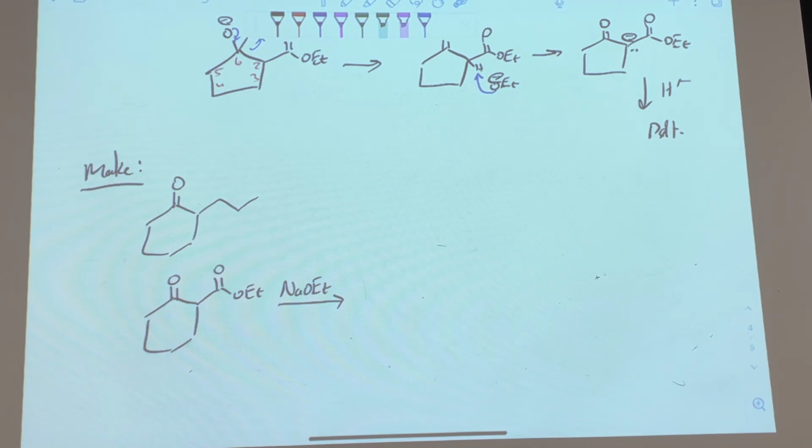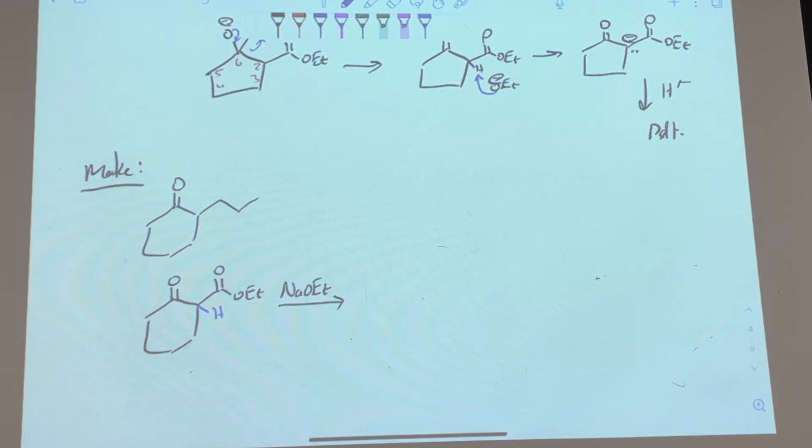What do bases do? Yeah. Bases always take protons. So the question is, what's the most acidic proton? The most acidic proton by a lot is that one, the alpha proton, the doubly alpha proton. So that's what will get deprotonated.